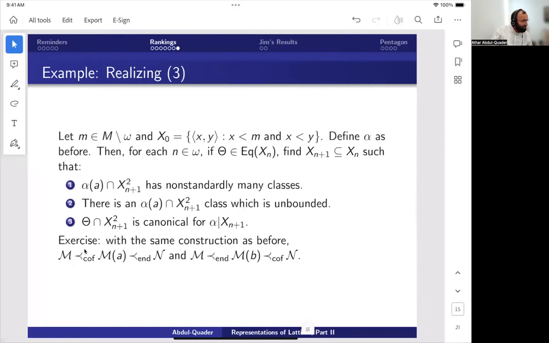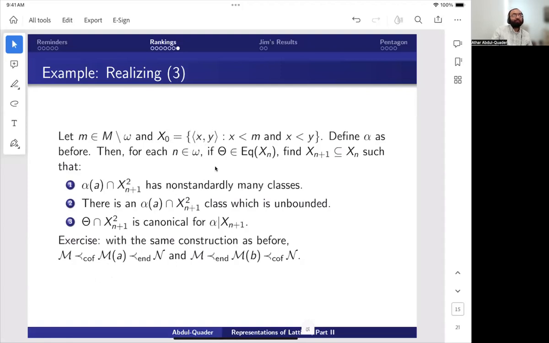To put it this way, the unique alpha of 0 class, which is the one at the bottom, is going to split into finitely many, or M finitely many, alpha of A classes. If you fix an x that's below m, there are unboundedly many y in this x where xy is in this x0.